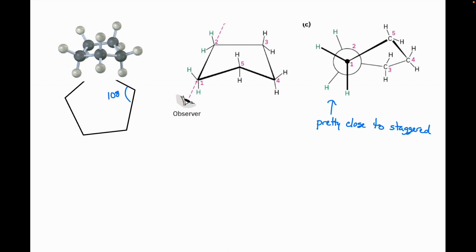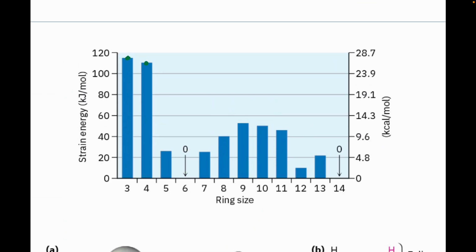They're not perfectly staggered, but we are pretty close. So we've improved dramatically on our angle strain because we can adopt this near ideal 109. 108 is pretty close. As well as it can kink itself so that these bonds are pretty close to being staggered, which again is why we see such a dramatic decrease in energy.